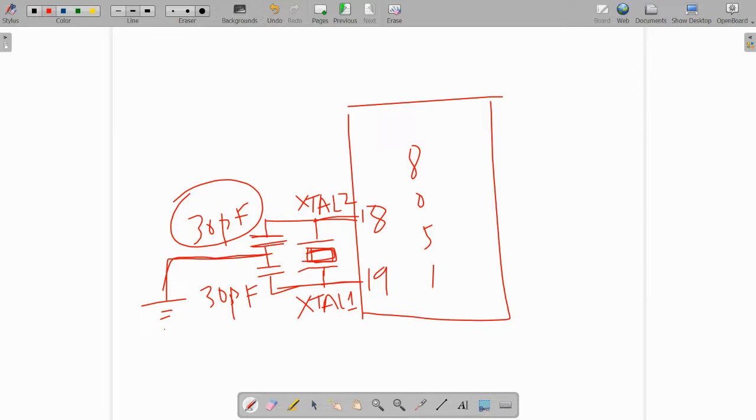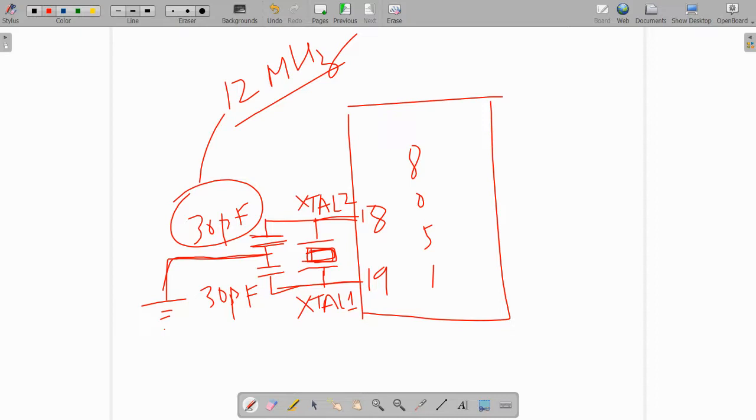This 30 picofarad capacitor is recommended when you have to connect a 12 megahertz crystal. So 30 picofarad is taken only when you have a crystal of 12 megahertz.